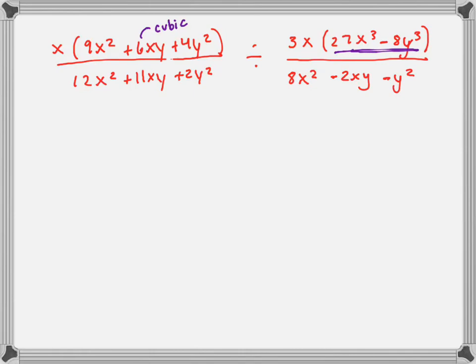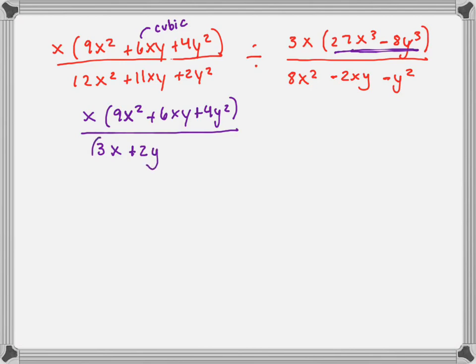So the first thing to do, I think, when you have division signs is always to rewrite it in terms of multiplication signs. So we have x times 9x squared plus 6xy plus 4y squared over, and then we might as well just factor this now. So this is 3x plus 2y times 4x plus y.